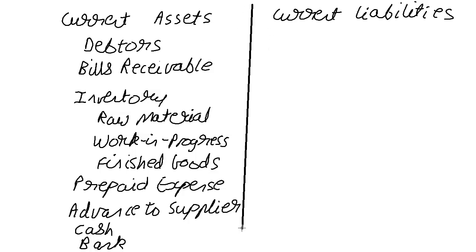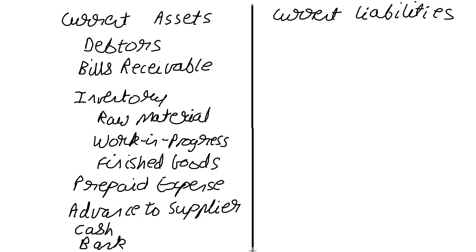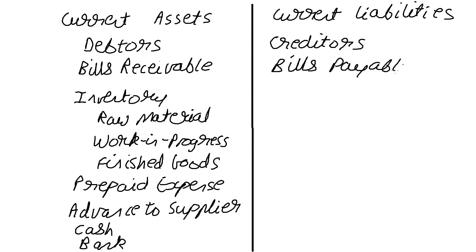we can have creditors for current liabilities. Similarly, bills receivable for current assets, bills payable for current liabilities. Inventory, whatever it is, we're getting it from these guys, so there's no opposite as such for inventory.